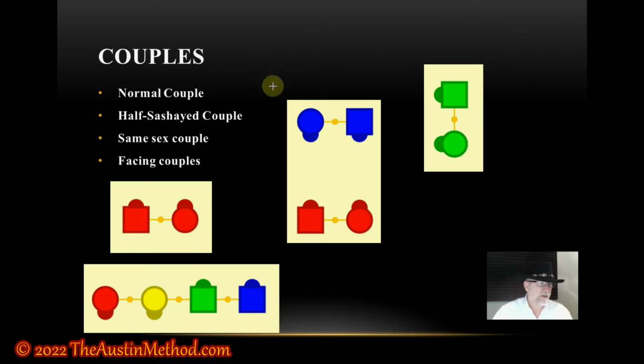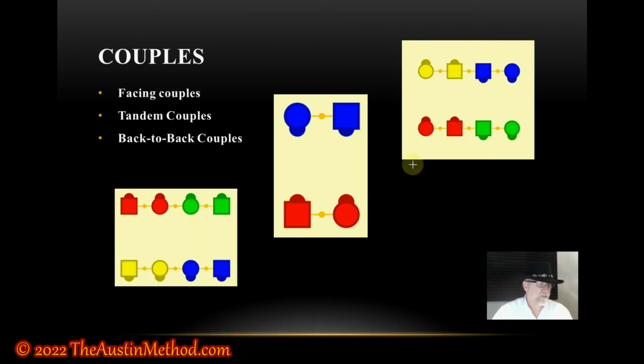And then when it comes to formations with couples, when you put two couples together, they can actually have their own formation. So in this case, we have what's known as facing couples. Also, in couples, we've already seen facing couples, but we can also have back-to-back couples, which are these couples here.